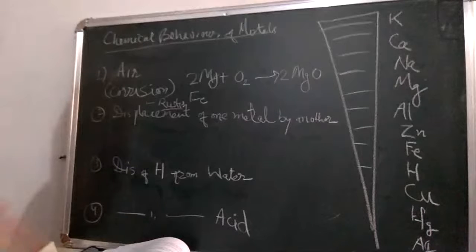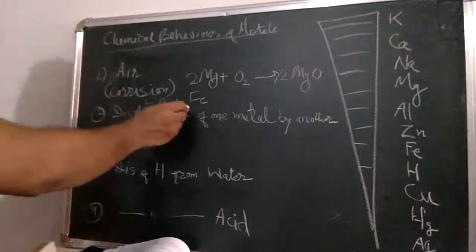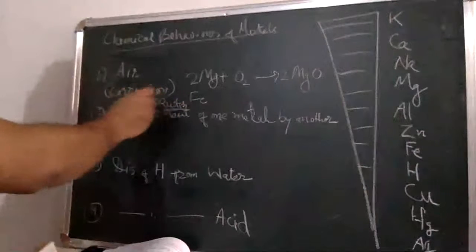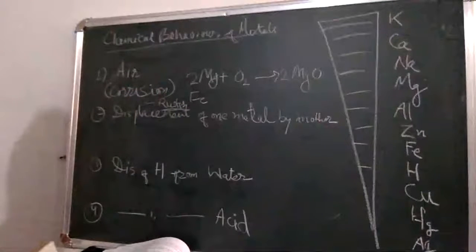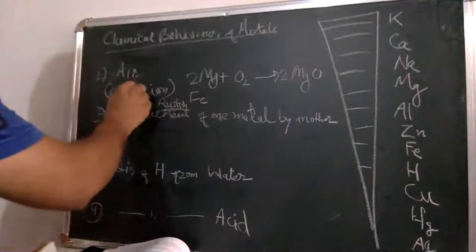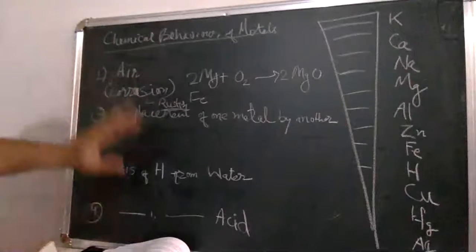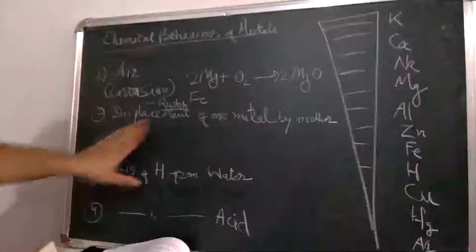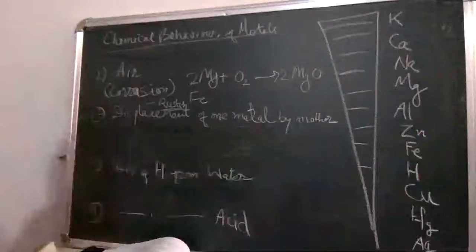And if you keep it open for so long, like 4 5 years, then you will see that all the metal parts are destroyed by rusting. Its life is reduced. Okay, so rusting is one kind of corrosion. Now the second thing is displacement of one metal by another.